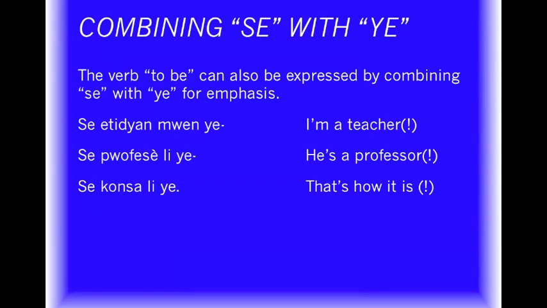They both mean the same thing, except this form is putting emphasis on the fact that you're a student. C'est professeur li ye, or you could say li c'est professeur. Again, they both mean the same thing. C'est comme ça li ye, or you could say c'est comme ça. They both mean the same thing. So again, we see how se and ye can be combined. We'll be doing some other exercises so you guys can get used to using these two together.